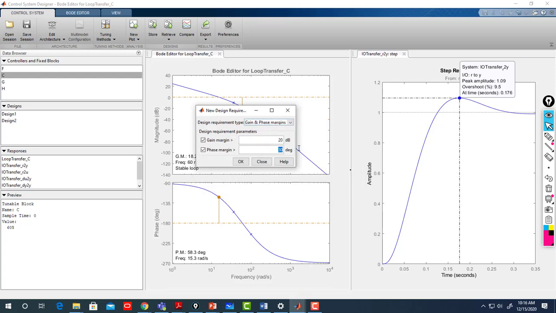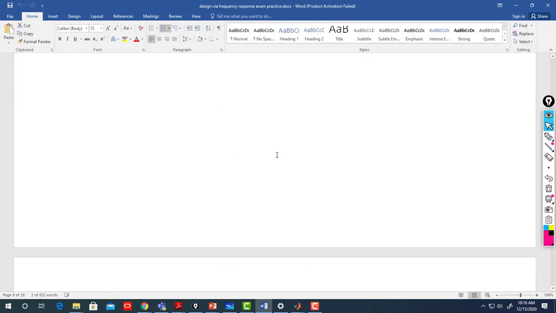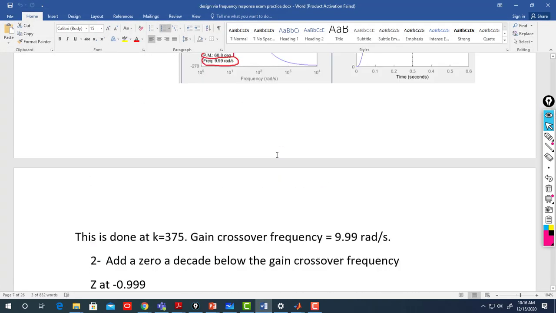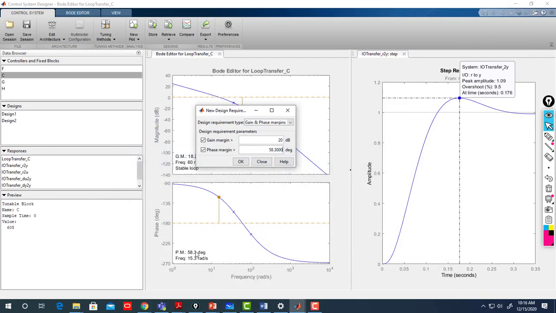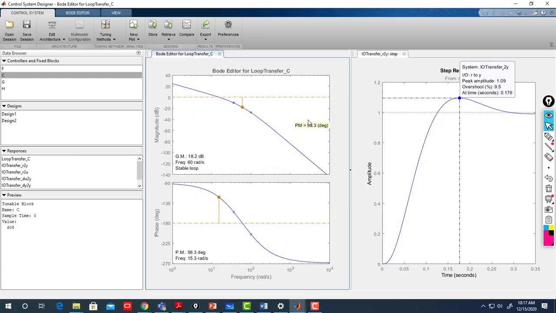I know my phase margin is 58.3, which is the one here. And gain margin, I'll keep it as it is. I have no constraint on how fast the system will be. Basically I can take it out if not needed, so I keep only the phase margin. Okay, so then I have this constraint.